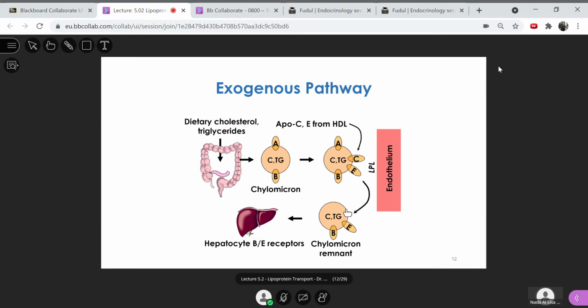So after the removal of triacylglycerols, we don't need ApoC2, so it can return to HDL. Now the chylomicron remnant is no longer needed, so it can go to the liver where it is endocytosed and the remaining contents can be processed in the liver. How does it get recognized and bind to the cell surface receptors in the liver? ApoE. That's why it takes ApoE from the HDL particles.